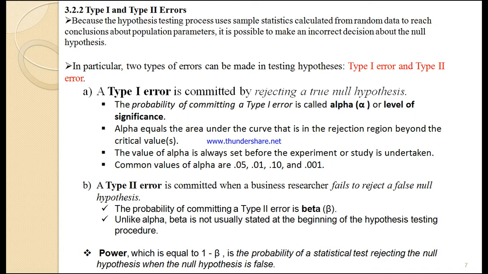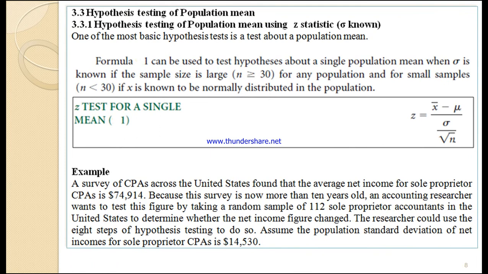Therefore, in the process of testing hypotheses, business researchers commit either type 1 error or type 2 error, which are represented by alpha and beta. Let's deal with how business researchers test hypotheses about a population mean.